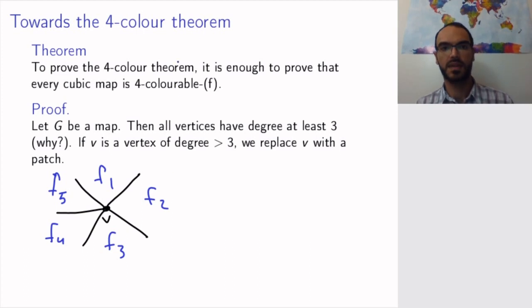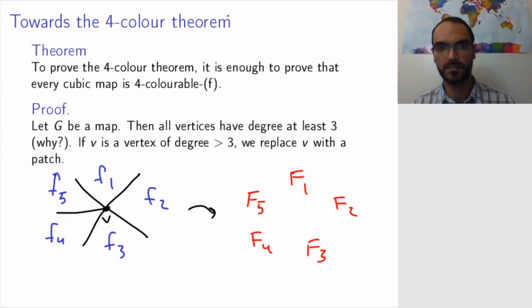Then what I do, I replace it with a patch. So I have my faces now, let's call them F1, F2, F3, F4, and F5. But now I do this. It's kind of an ingenious way.